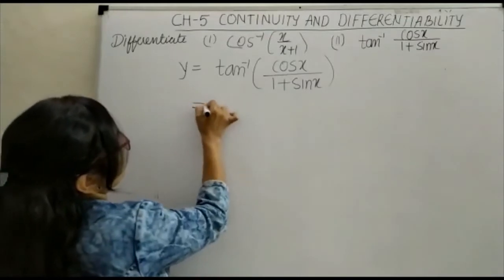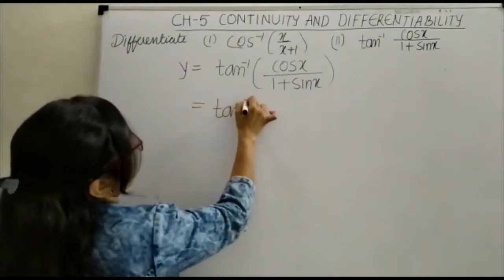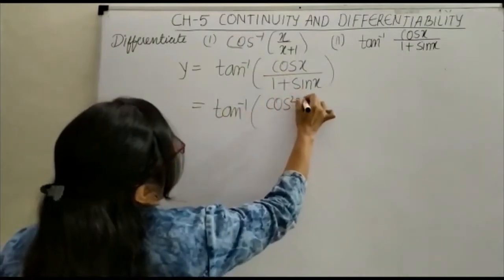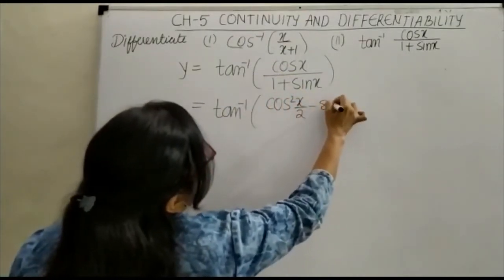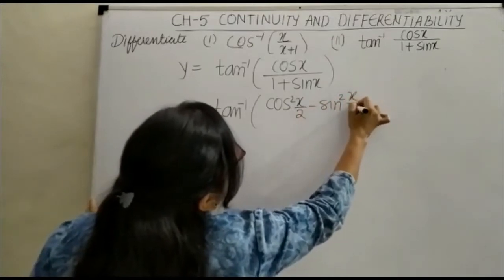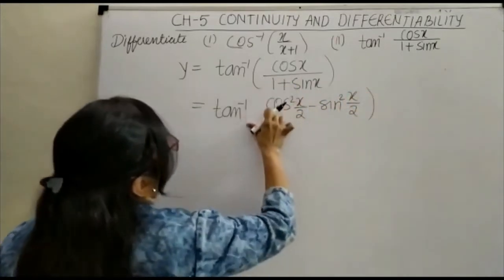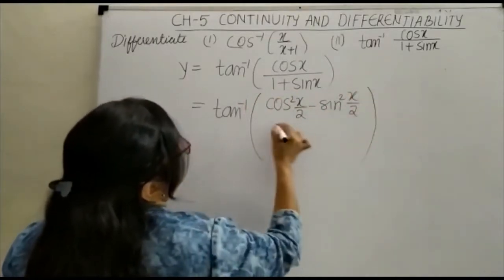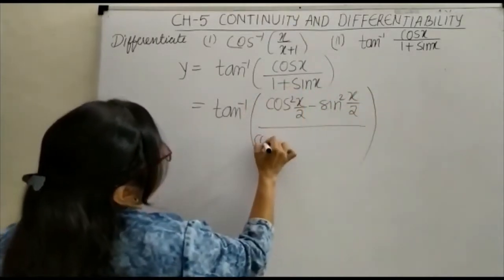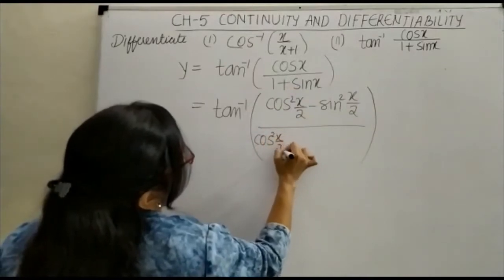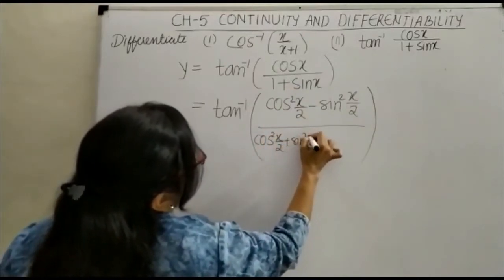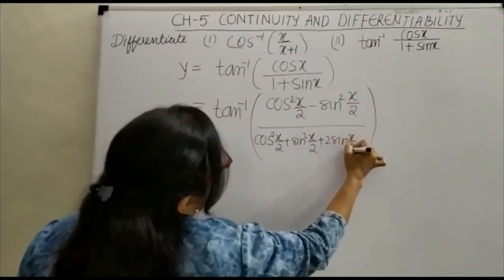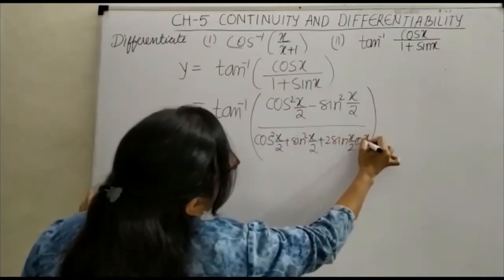You can see here this becomes tan inverse. Your cos x can be written as cos square x upon 2 minus sin square x upon 2 and here cos square x upon 2 plus sin square x upon 2 plus 2 sin x upon 2 cos x upon 2.